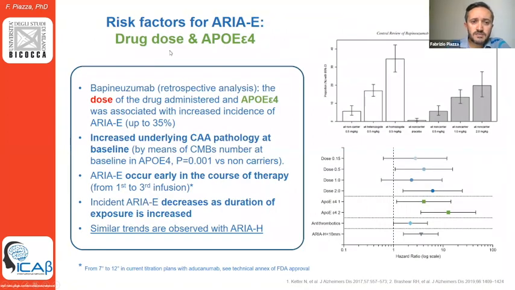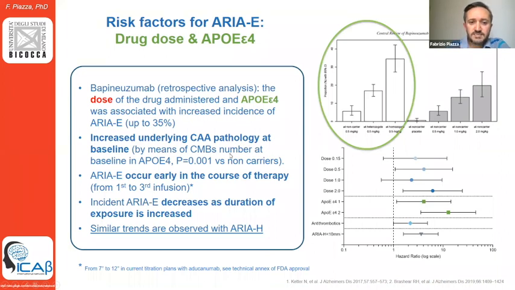So concerning the drug dose and ApoE epsilon 4, as you can see here, in the retrospective analysis of bapineuzumab, we see that there is a very clear dose-related effect in the incidence of these serious adverse events, and also an ApoE epsilon 4 association, because most of the patients were ApoE epsilon 4 homozygous.